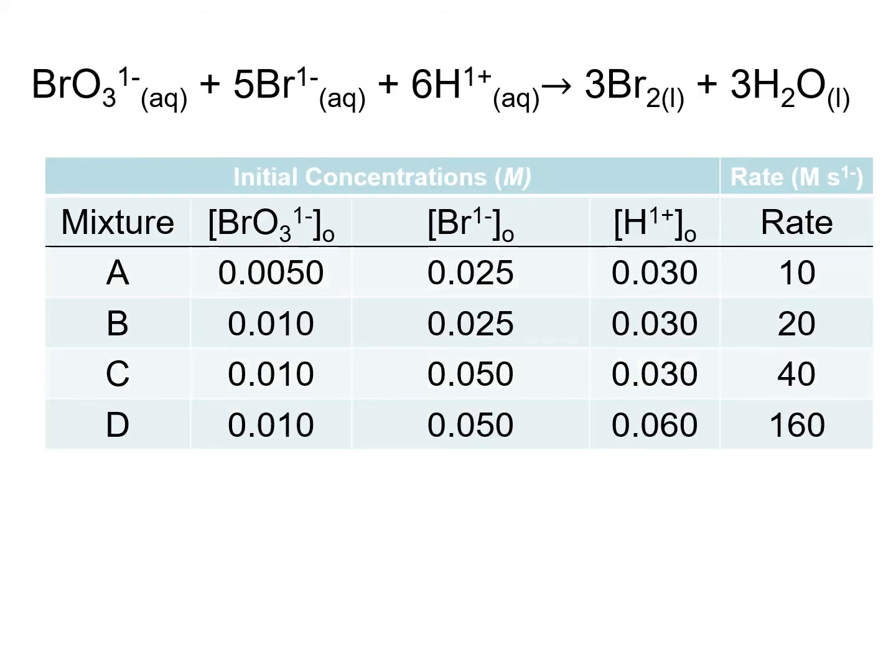So there's our reaction and our initial concentrations, and we're going to determine the rate law by comparing the initial concentrations of 2 reactions. So my first one, I'm going to look at determining the order of the reaction for hydrogen.